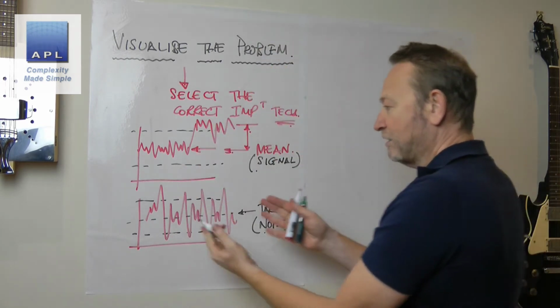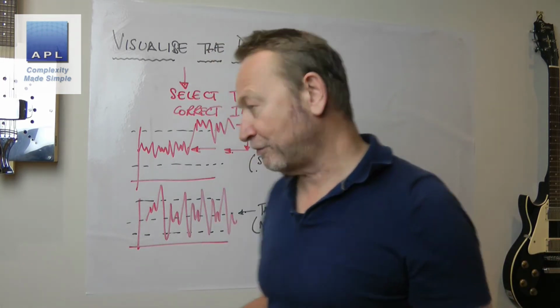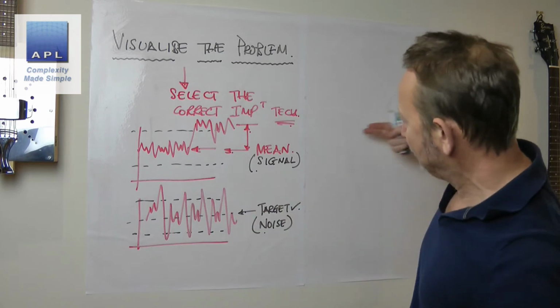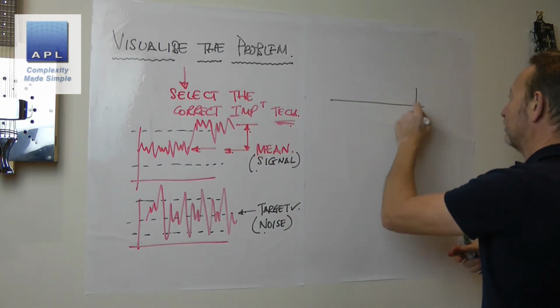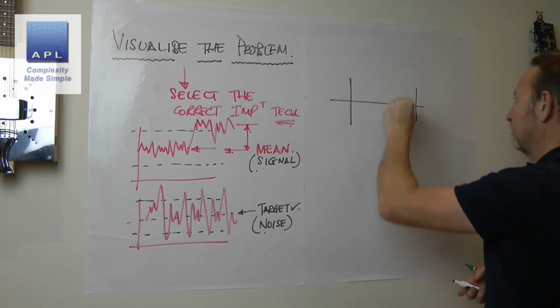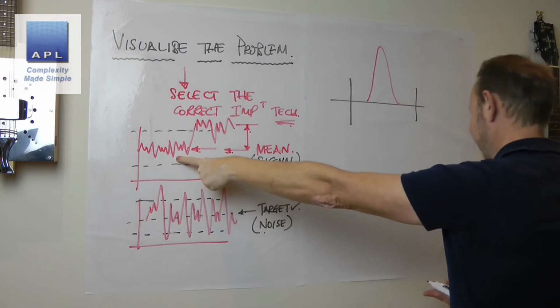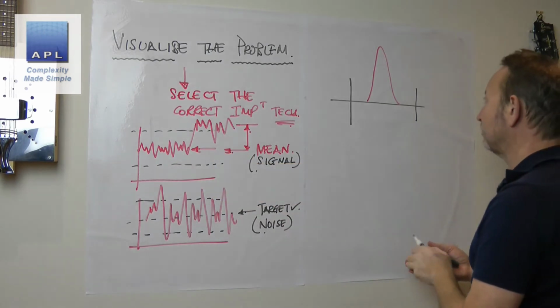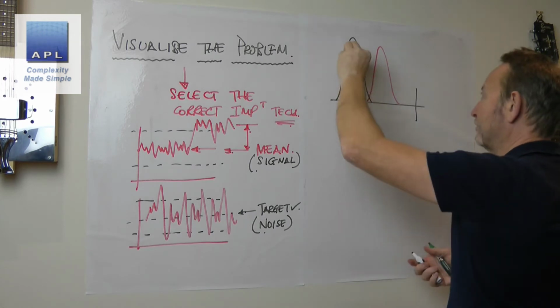Now that's what you're going to see if you plot a graph. There's an alternative way of looking at it, and it's to look this way at the graph, and what you're basically seeing is this. Look, process used to look like that. Now the process looks like that.